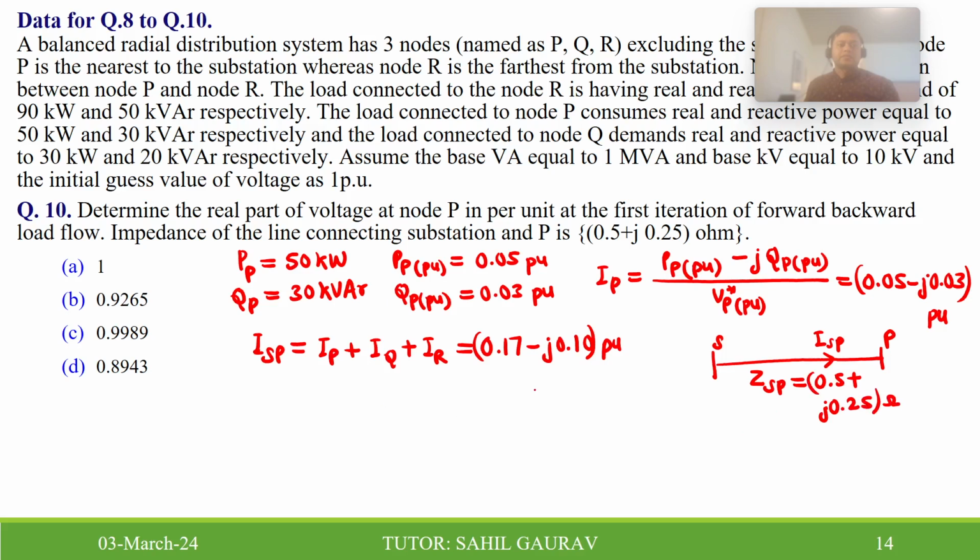So we have found this ISP in per unit. So let us find the ZSP per unit. First we are going to find the base value. So Z base is kV base square upon MVA base. So kV base is 10, its square is 100 and MVA base is 1. So it is 100 ohm.